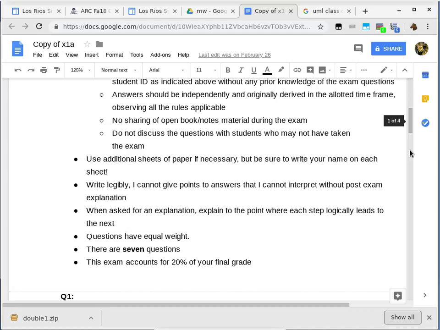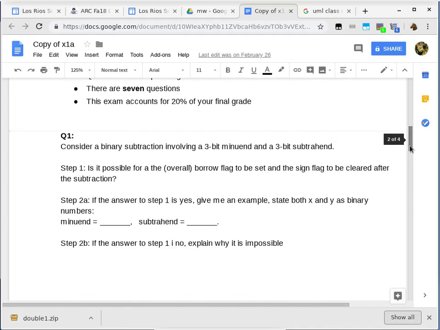No questions? All right, so we'll take a look at question 1. This is question 1 from last semester. Consider a binary subtraction involving a 3-bit minuend and a 3-bit subtrahend. In the exam, I'm not going to answer questions like, what is the minuend and what is the subtrahend? Those terms were introduced in class, and they were also used in the lab.